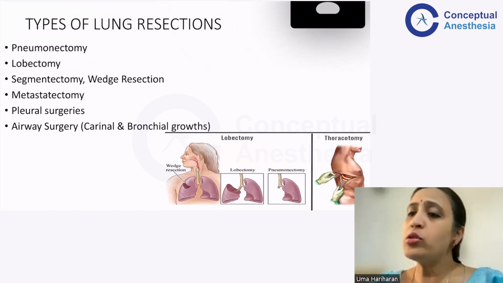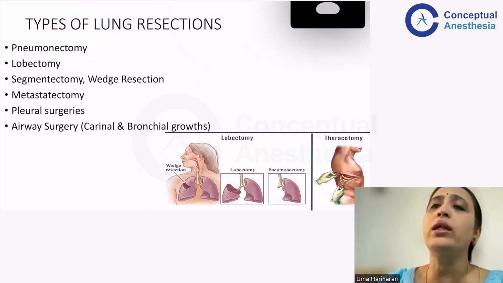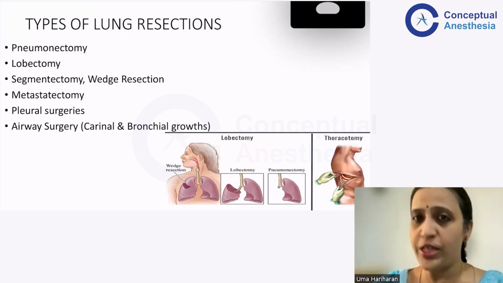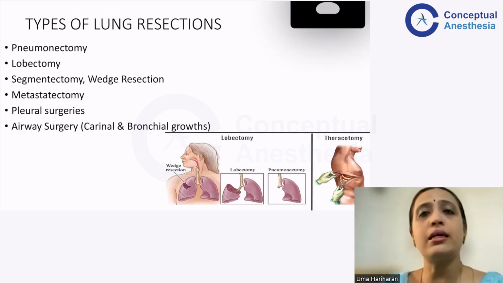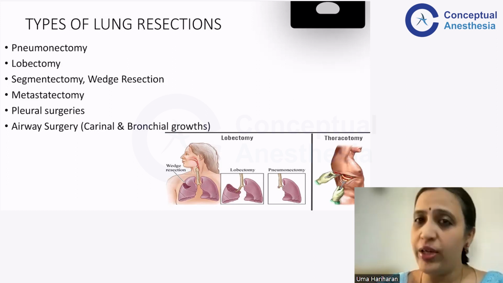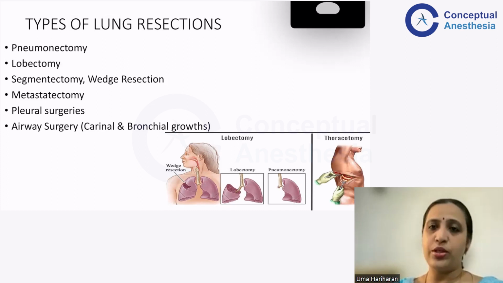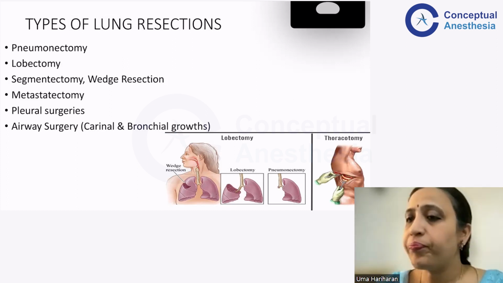But before we go into the various types of lung resections, you should know what are the types of lung resections which one commonly does in the operation theatre. This involves pneumonectomy, lobectomy, segmentectomy and wedge resection, metastasectomy, pleural surgeries, and airway surgery. So, what is pneumonectomy?